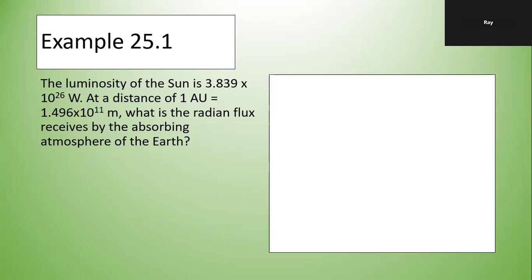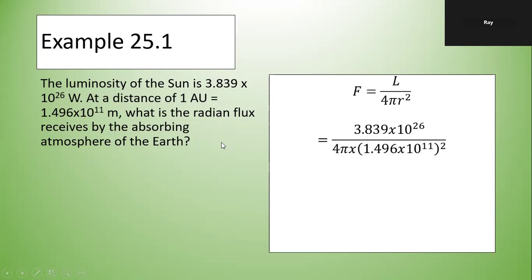What is the radiant flux received by the atmosphere of the earth? We know the distance, we know the luminosity, so we can calculate the radiant flux intensity using this formula. Put in the value L, that's your L, 4 pi r squared, that's your distance.